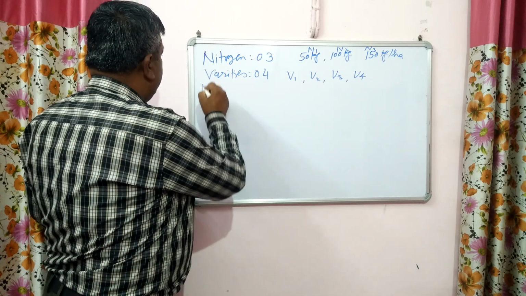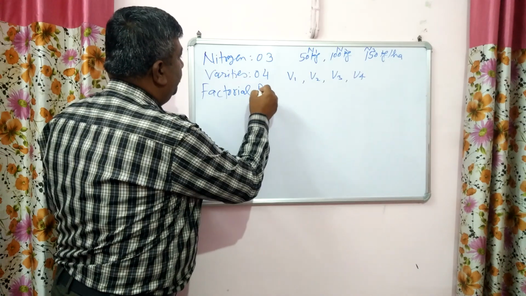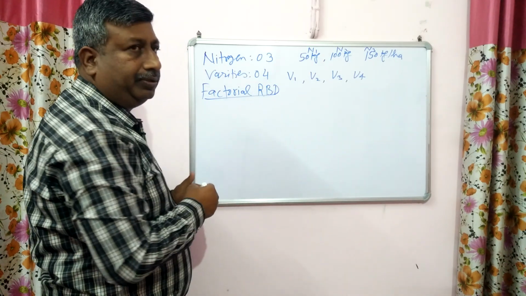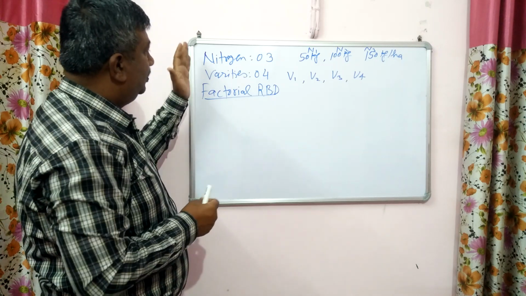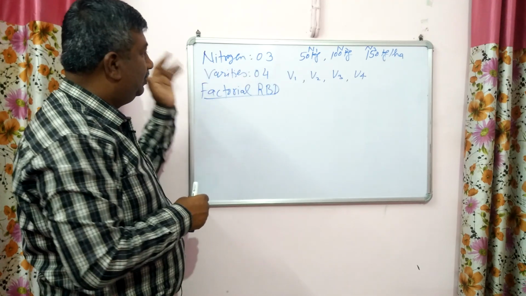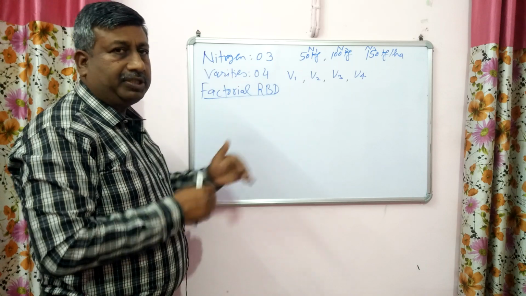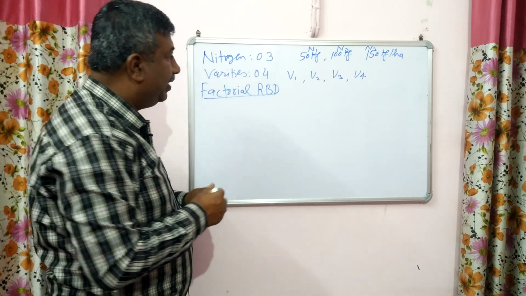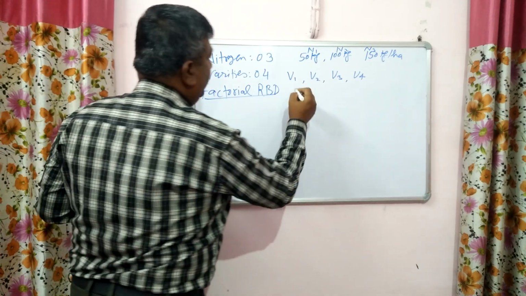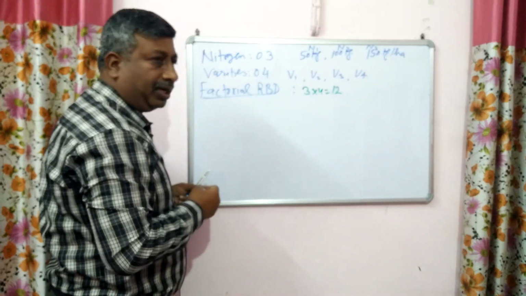Suppose we are adopting Factorial randomized block design, then what would be the layout? So number one, look at the treatments. There are two factors, nitrogen and variety. So first make the combination of treatments, that is 4 into 3, 3 into 4, means 12 treatments are there.